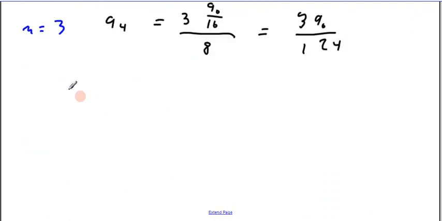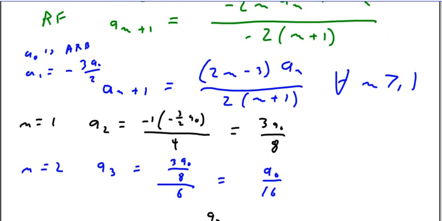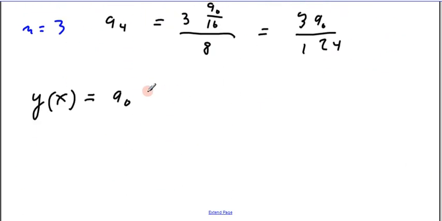Okay, so putting it together, y of x is equal to a0, which is arbitrary. A1 is minus 3a0 divided by 2 x.